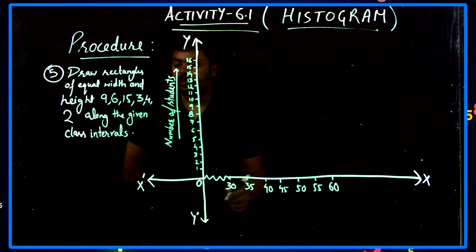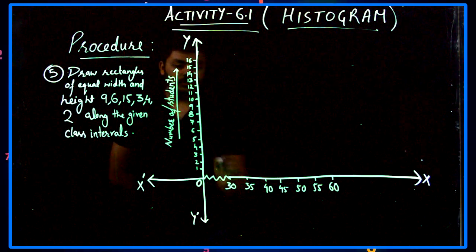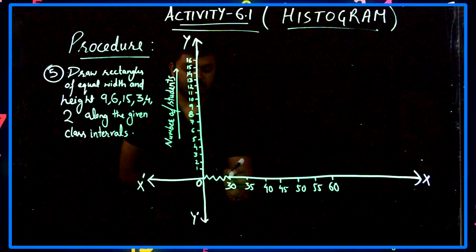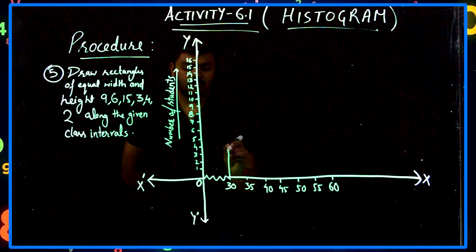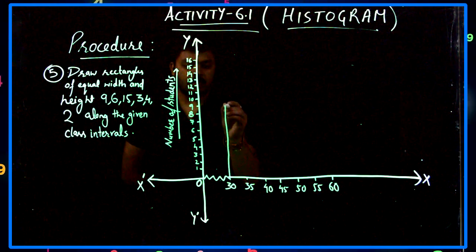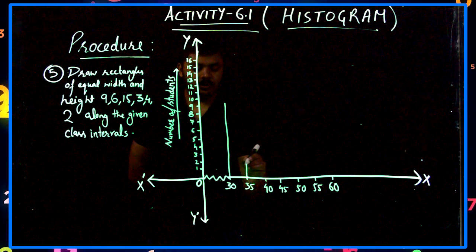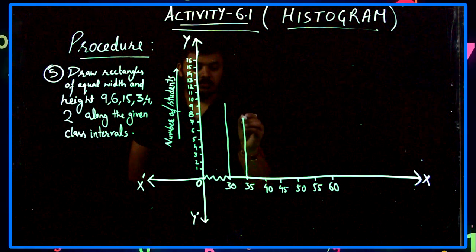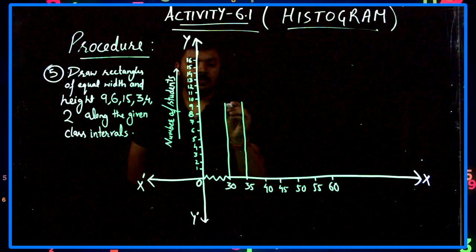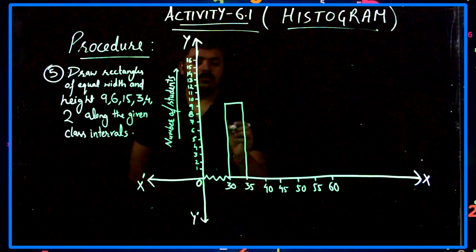From 30 to 35 our frequency is 9, so we mark 30 up to 9. Similarly at 35, we draw a straight line up till 9 and now we join the two.